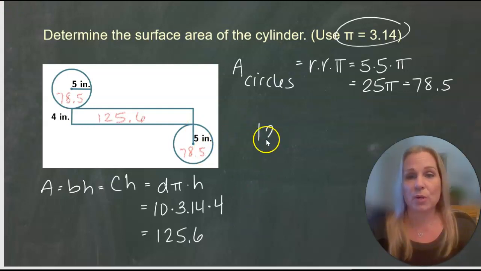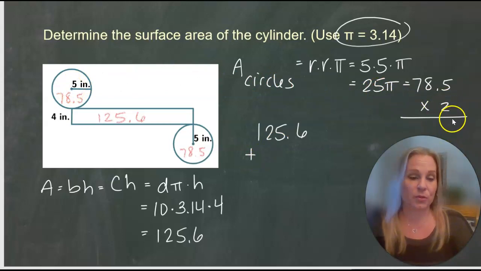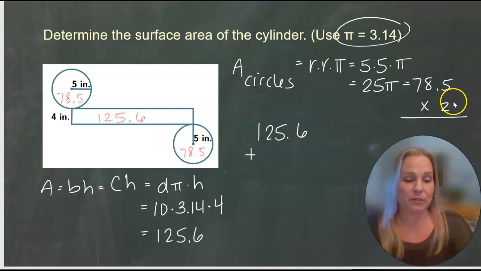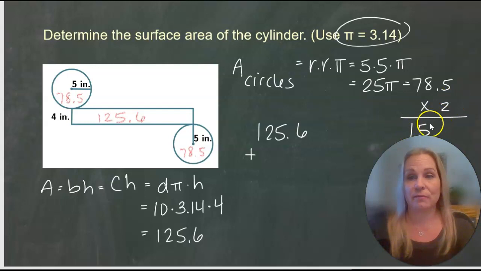Then I just have to add them together. So 125.6 plus, let's find out what 78.5 times 2 is, so we can get both circles. 78.5 times 2 is 157.